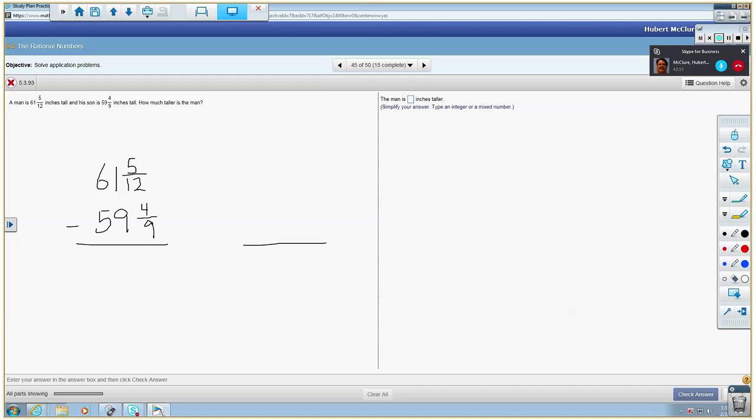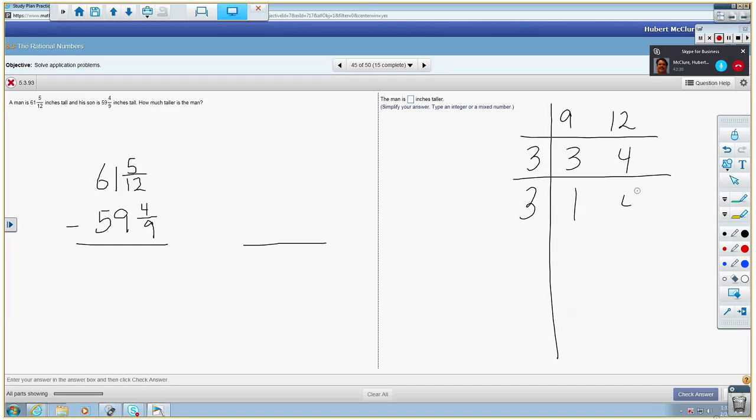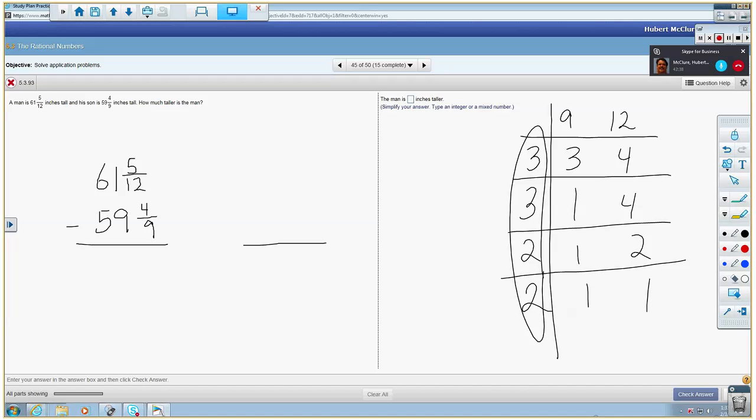All right, we don't know what the common denominator is, so we got to figure it out. 9 and 12. 3 be 3 and 4. 3, 1 and 4. 2, 1 and 2. 2, 1 and 1. 4 times 9 is what? 36.